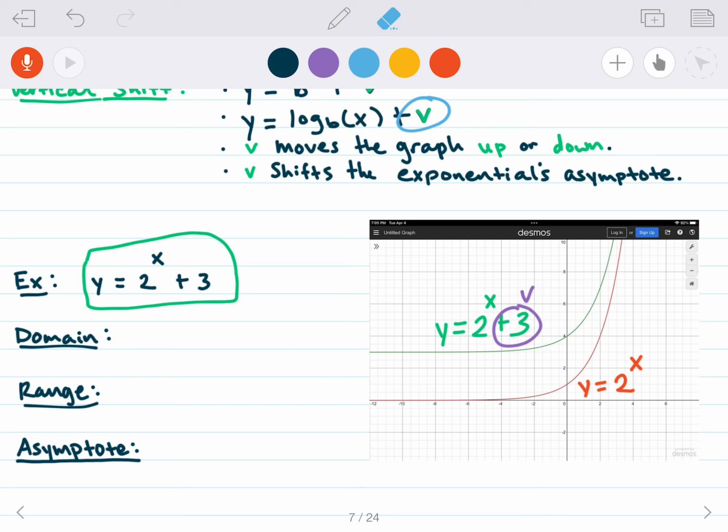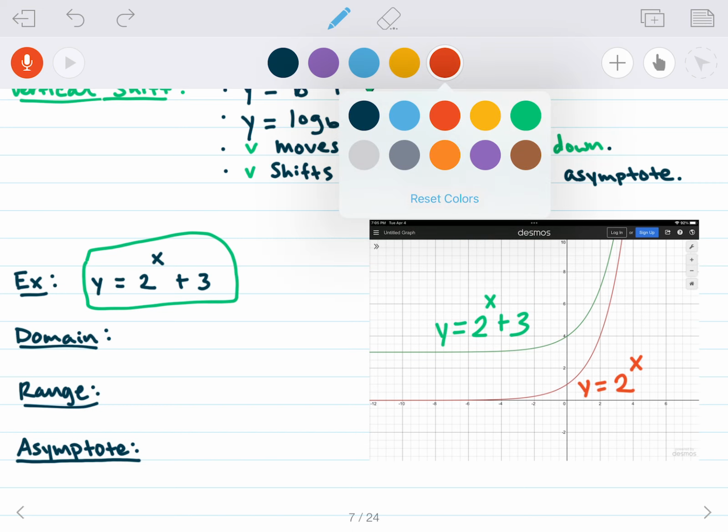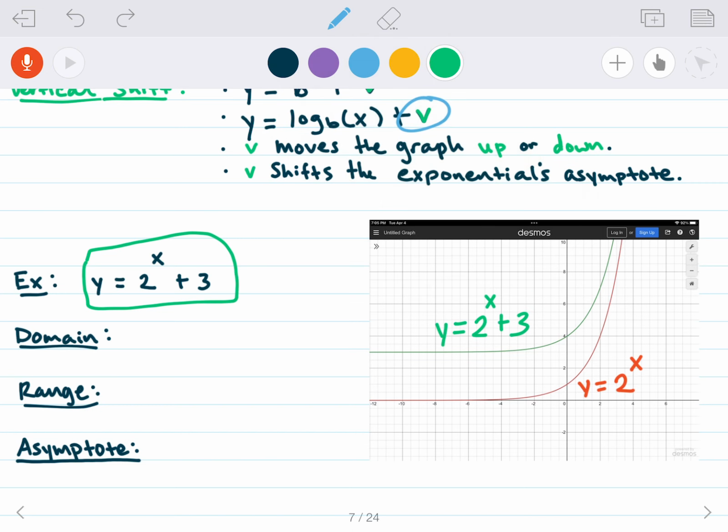Okay, so what is the domain of this transformed function? Let's think about that. What is the domain of this green function that we can see here? Well, maybe I should do this in yellow to be consistent with the horizontal asymptote. Let's just do this real quick. So the horizontal asymptote is going to be at what?